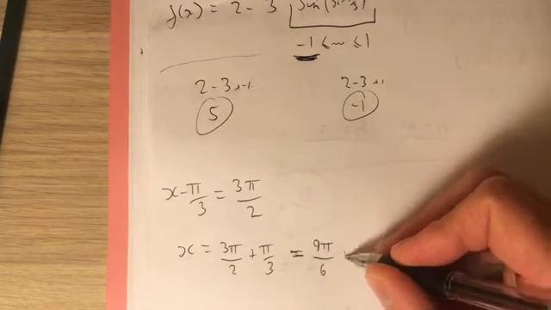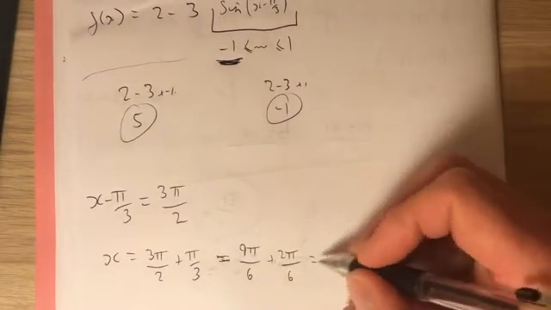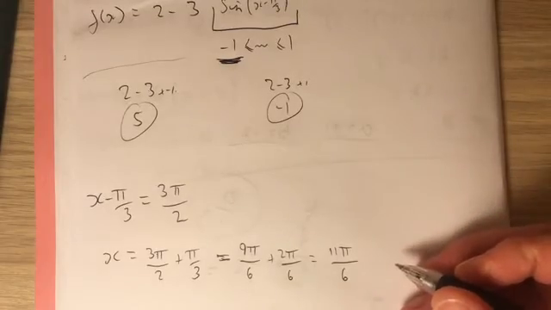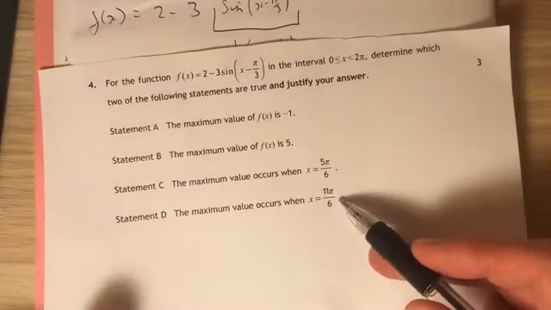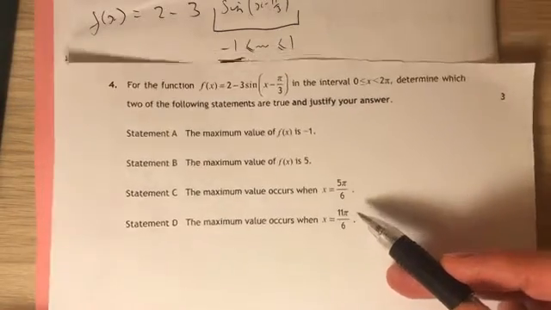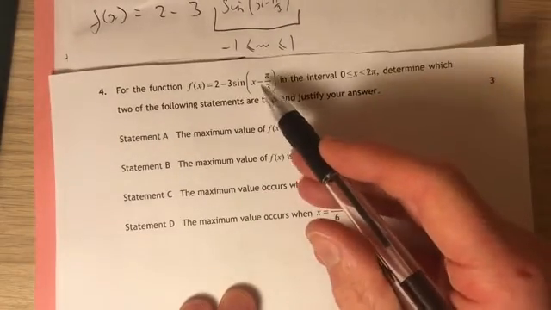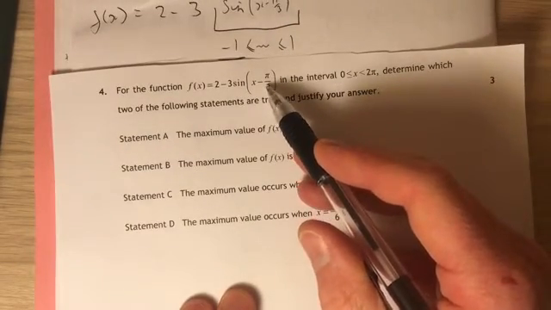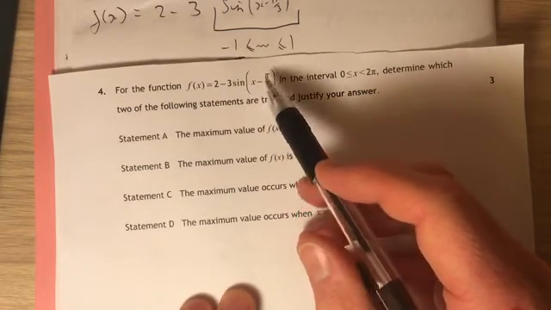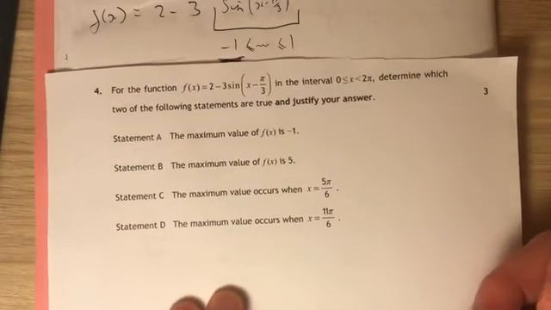Times them both by 2 plus 2 pi over 6, which is going to be 11 pi over 6, which is a bit ugly, but it's also one of the answers. So I'm happy. Okay, and you can check it, right? If you want to just check, chuck in x equals 11 pi over 6 into here, work it through. I mean, if it was a calculator paper anyway, you could just do sine of the answer very easily, and then work it through, and you'd find out that you get the answer 5, and that all makes sense.